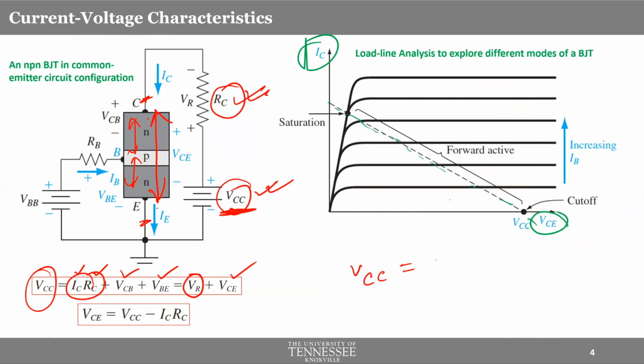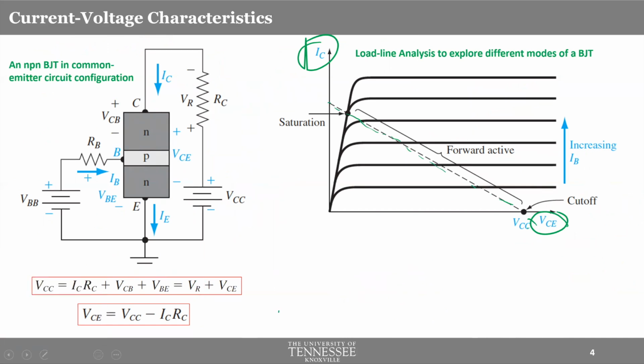Now, here is one very important point that we have to keep in mind. Let me clear this figure off. This IC that you see here in the figure is flowing through the BJT, right? That's true. But it is also flowing through the resistance. So it is impossible to have two different ICs, one flowing through the resistance, one flowing through the BJT, because they are in series.